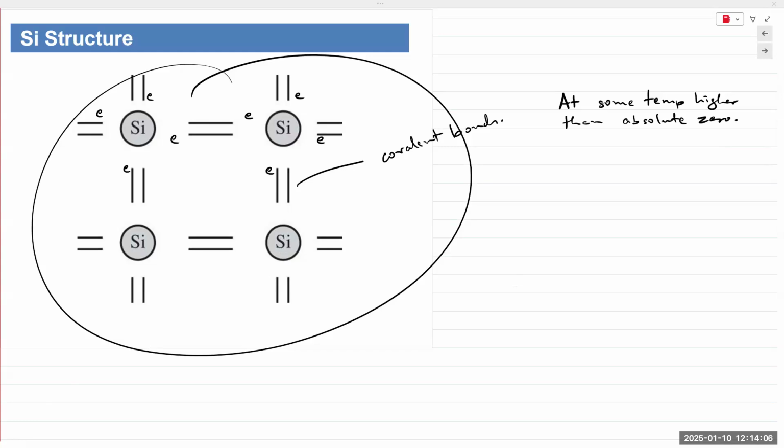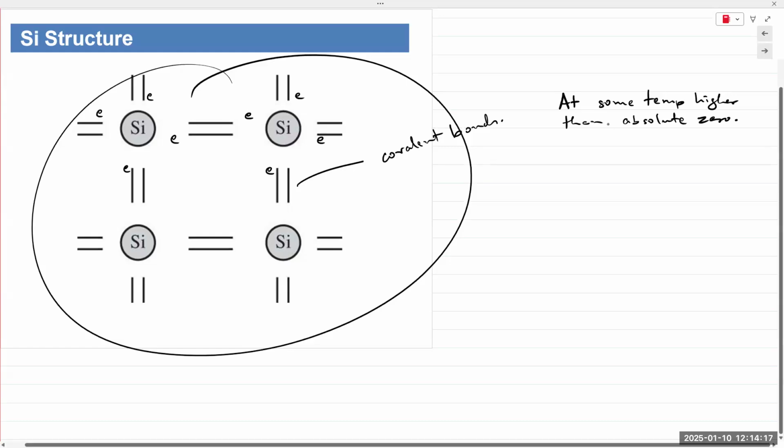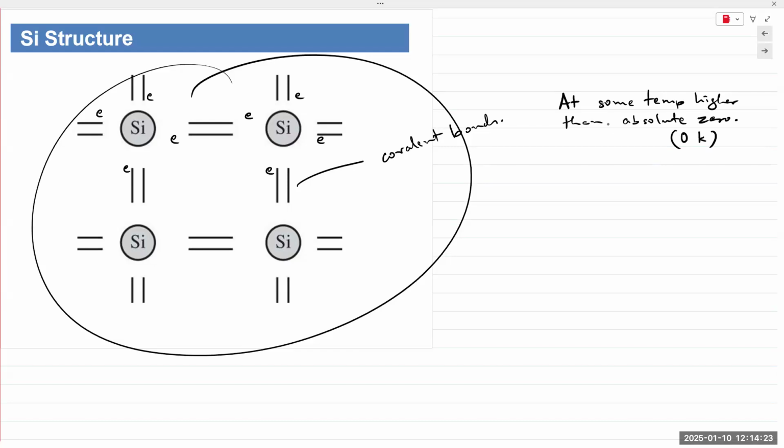They're all frozen in place. They're all bonded together. As the temperature rises above 0 Kelvin, so absolute zero is 0 Kelvin, which is minus 273 degrees C. Some of the electrons acquire enough thermal energy that they are able to break free of their bonds.